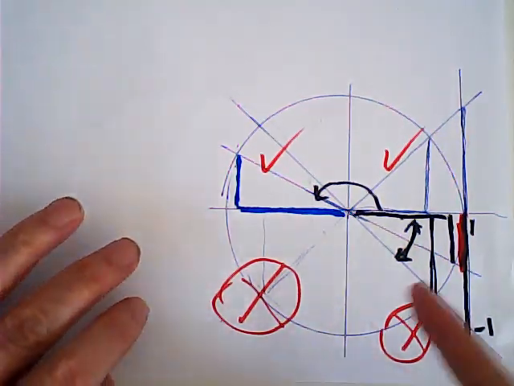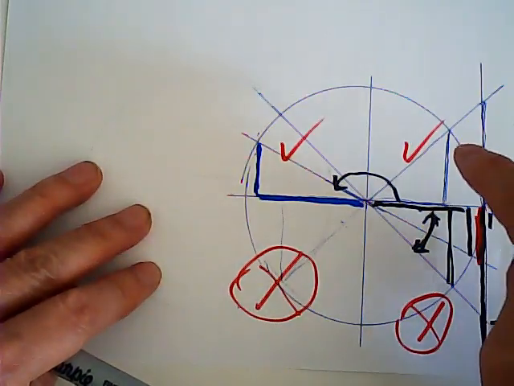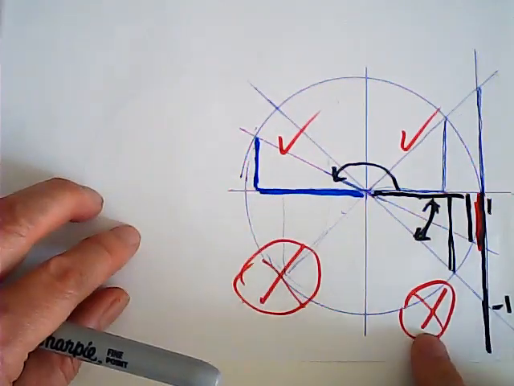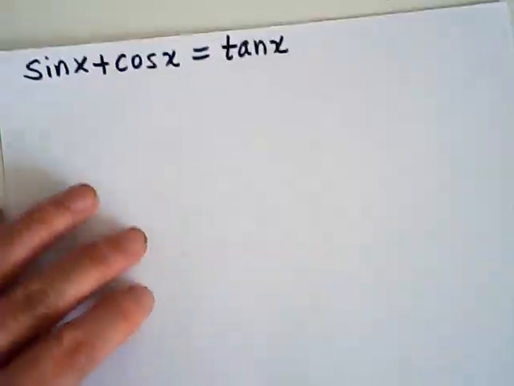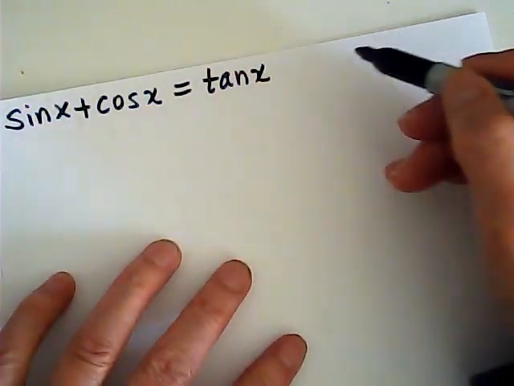So before solving this equation, I know that x can be located only in the first and second quadrant. This and that are out. Then we try to solve this equation, right?